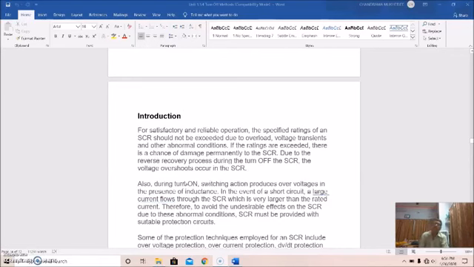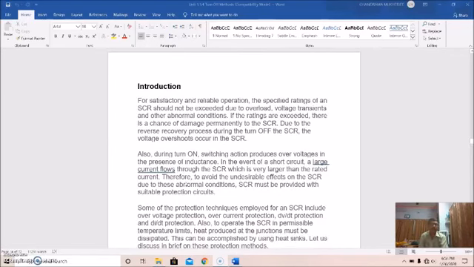Now, why is it required? If proper rating and specification are not selected for any particular application of SCR, and the SCR exceeds its ratings, then faults may arise due to overload, voltage transients or any abnormal conditions.